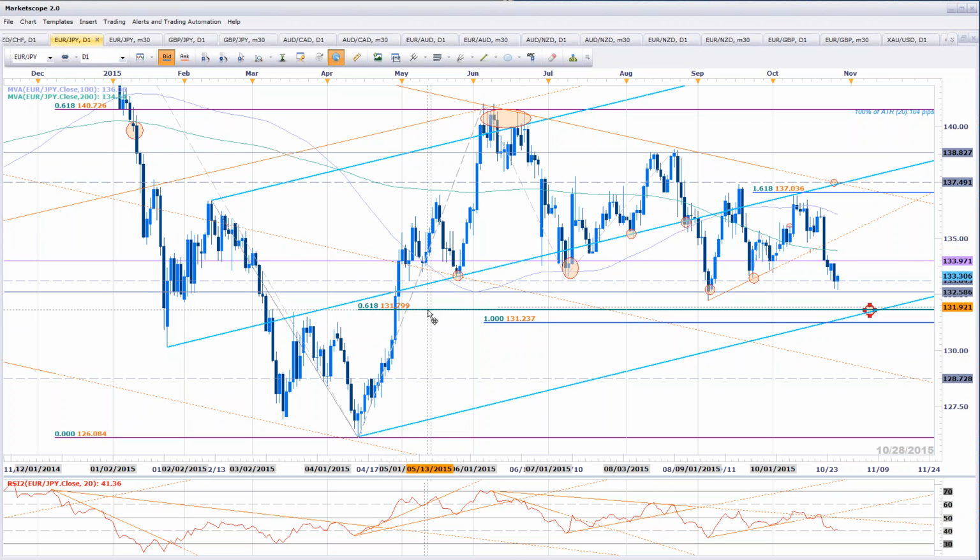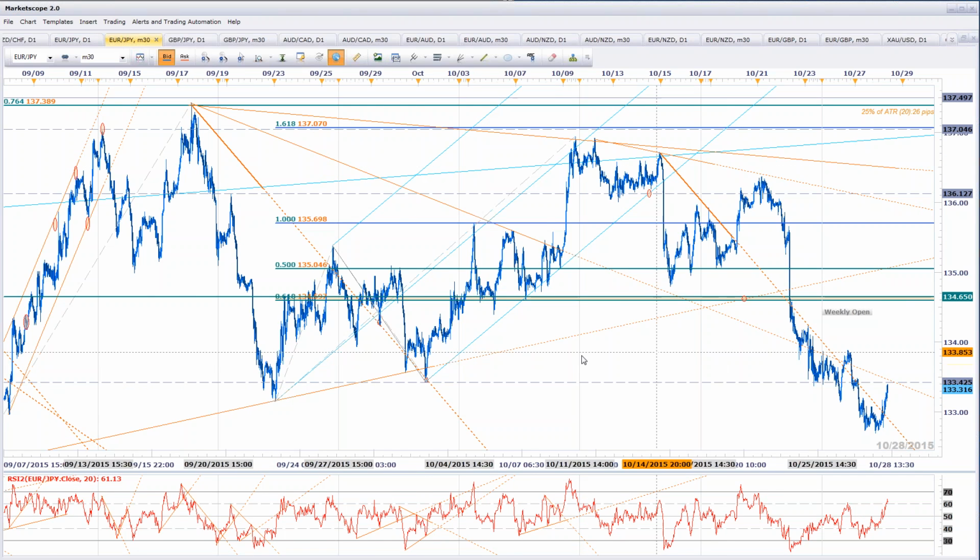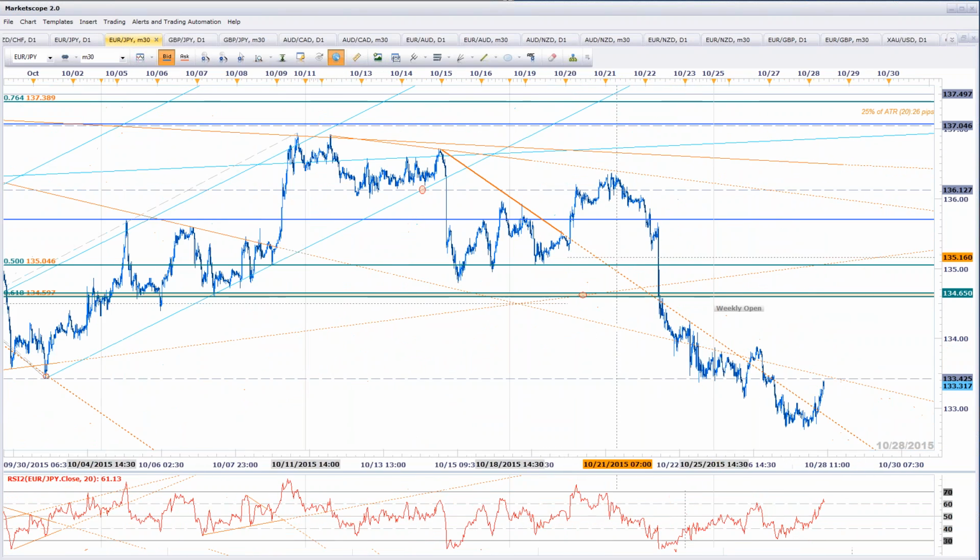131.80 is a key 618 retracement. This is of the rally off of the yearly low. More importantly, it's going to be that lower median line parallel. So in a broader structure, that's sort of what I'm looking at with the euro yen. Intraday, let's see if there's anything juicy to work with here.